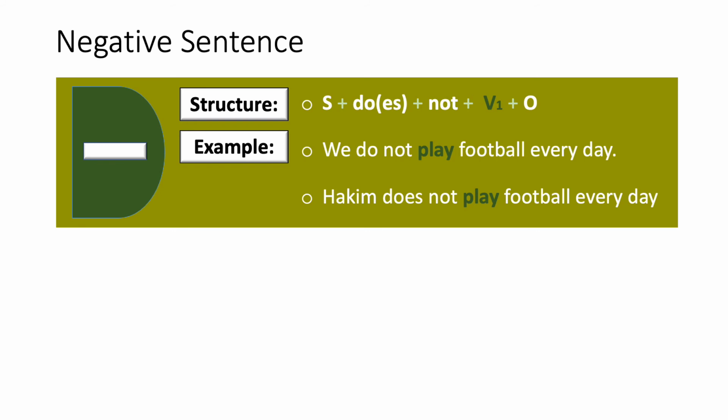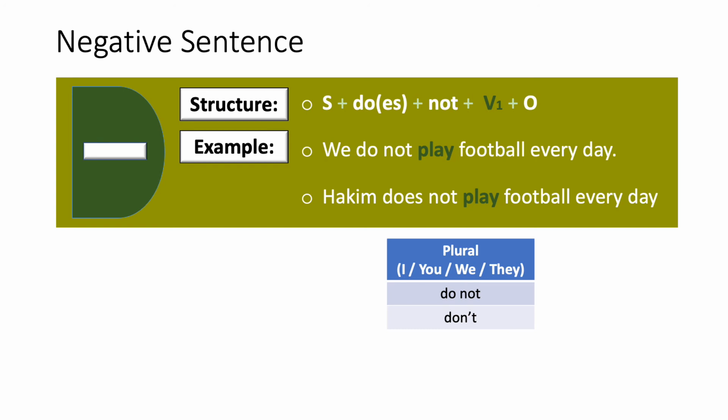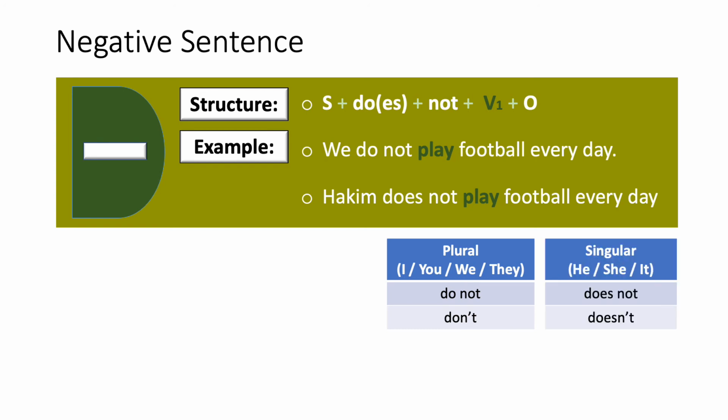Notice here that the verb in a negative sentence is always in the base form. The only thing that changes is the verb do. Now, we use do when the subject is plural, and we use does when the subject is singular. Pay attention here that for plural we use do not, and we can actually use the contraction don't. And for a singular subject, we use does not, and we can use the contraction doesn't.